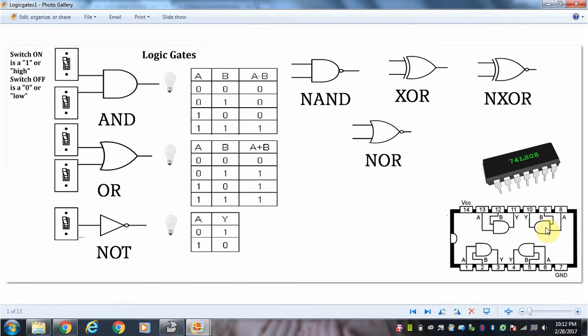Here's another AND gate, and an AND gate here and an AND gate here. So this is an integrated circuit with 4 AND gates. You can have these chips, for instance, for OR gates as well, where you'd have 4 OR gates in here, and for these other ones as well.